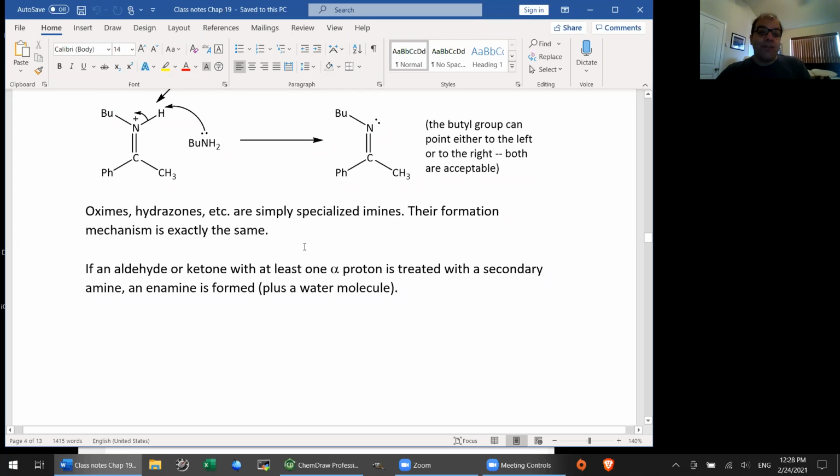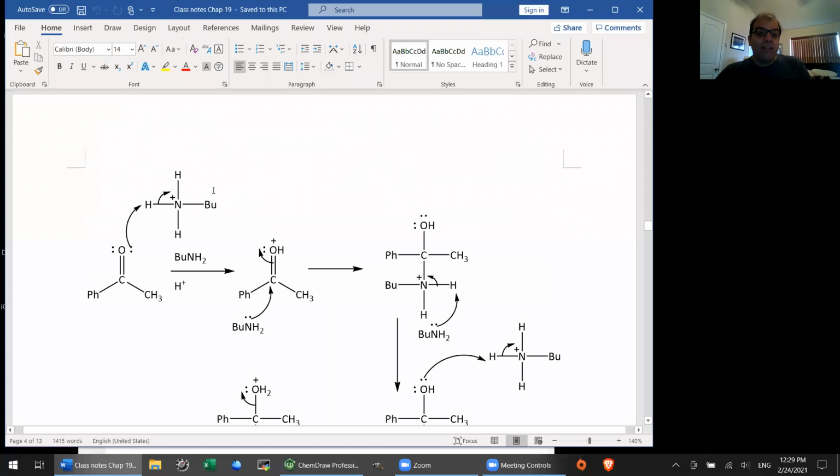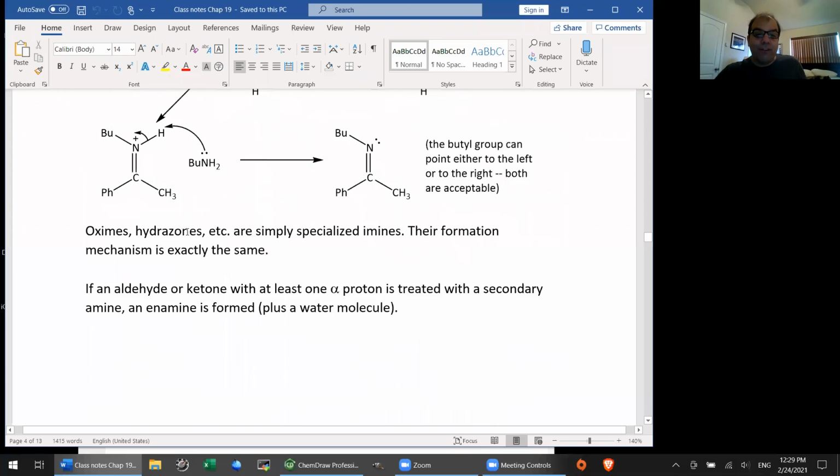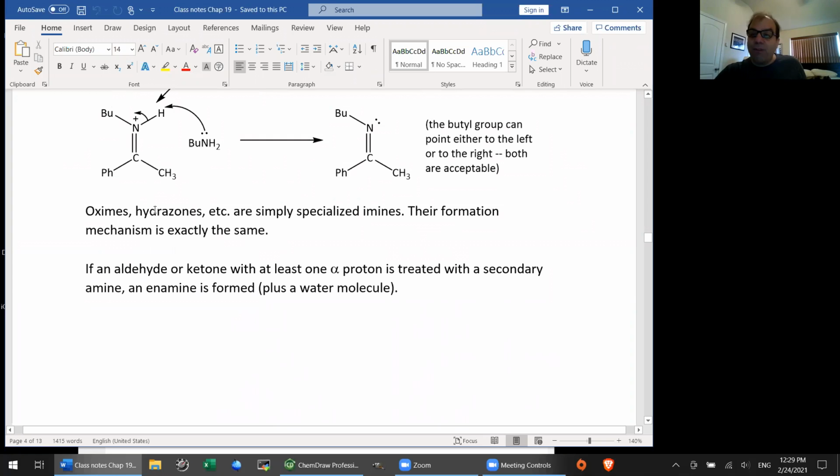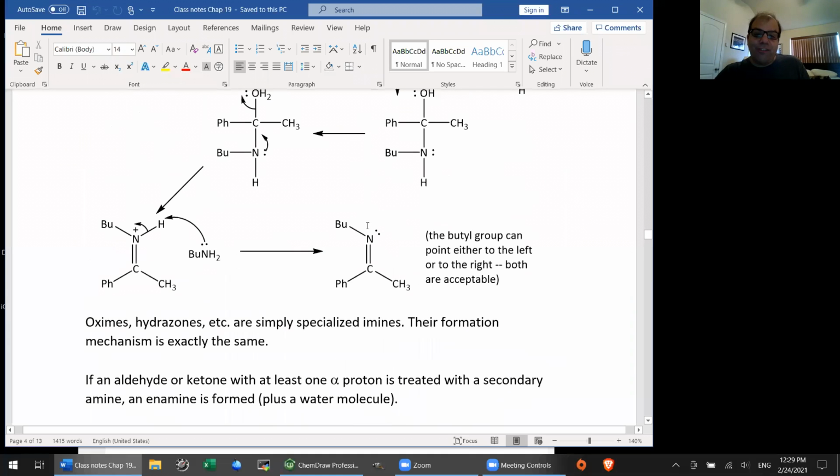The only difference is what you have attached to the nitrogen of a primary amine. If instead of an alkyl group, you've got OH attached to the nitrogen, that compound's called hydroxylamine, and you will wind up getting what's known as an oxime. And hydrazones are another variant on it, semicarbazones also. But the main thing to focus on is they're just special imines.